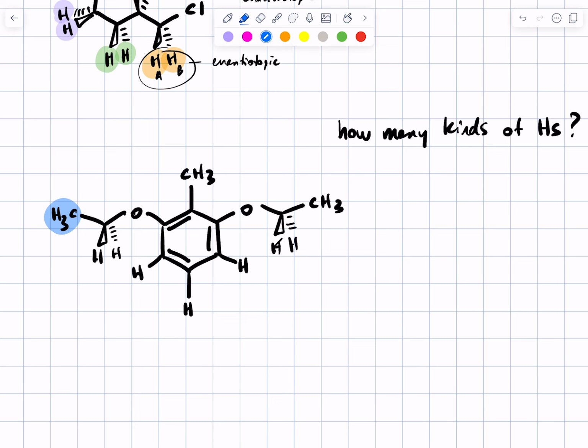Good. What else? Oh, on the other end. So you're saying that these 3 are identical to those 3. We would say that the methyl protons, those 3 protons, are homotopic to each other. These 2 are mirror images of each other and enantiotopic. Okay? Good. What else?